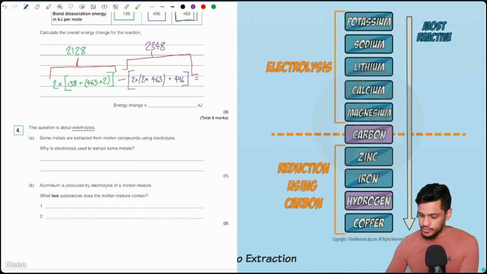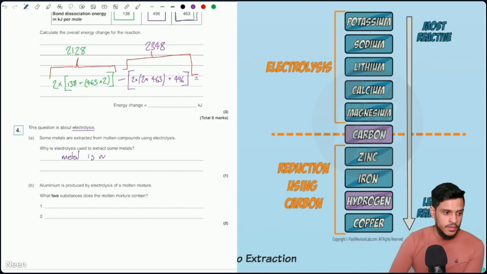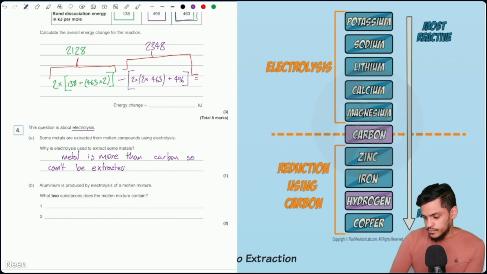So you can say it's only 1 mark. So you can say metal is more reactive than carbon. So can't be extracted using reduction.